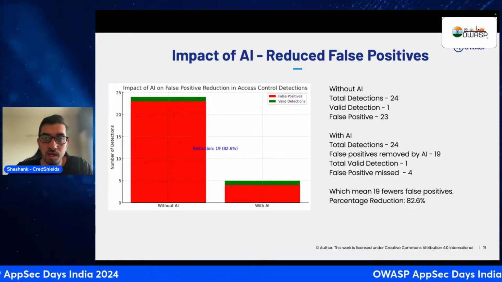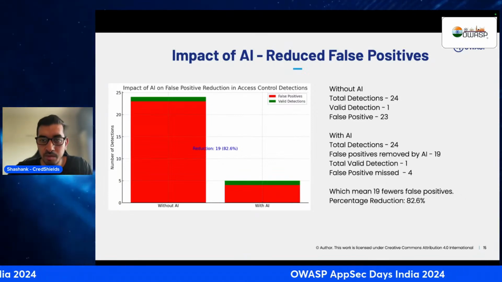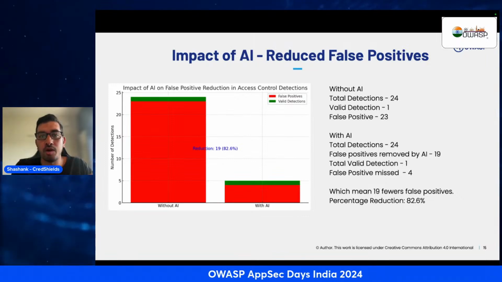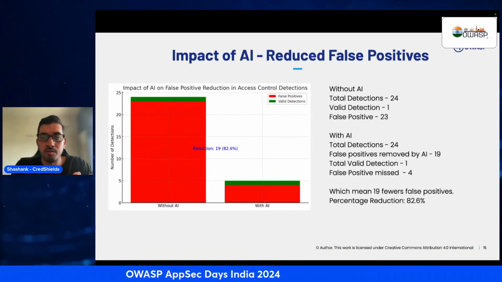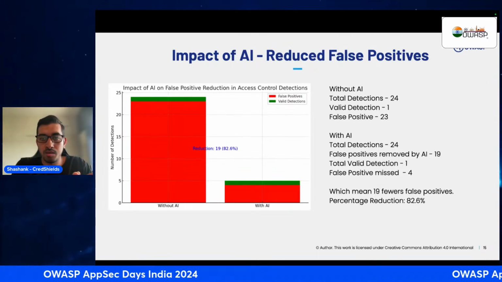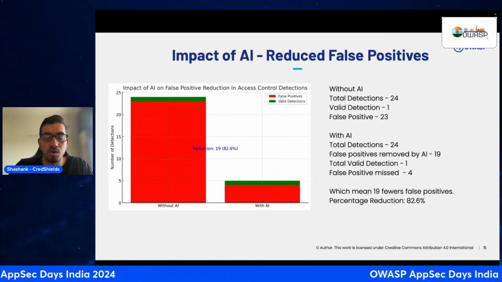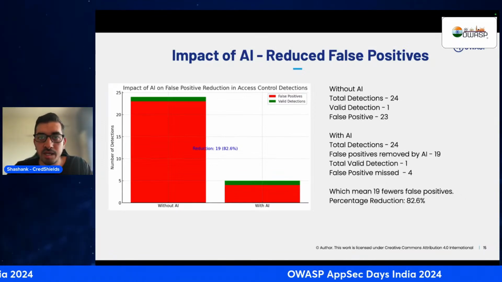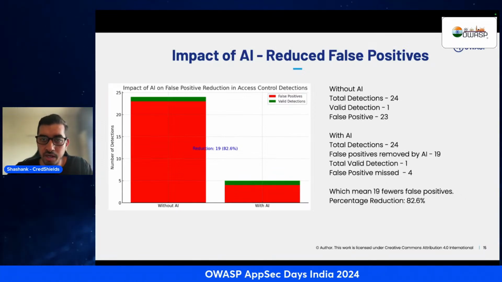And if you reduce the false positives, scaling becomes much easier, because less time would be spent on false positive bugs and more time on valid detections, and hence overall there is an enhancement in scaling of security.